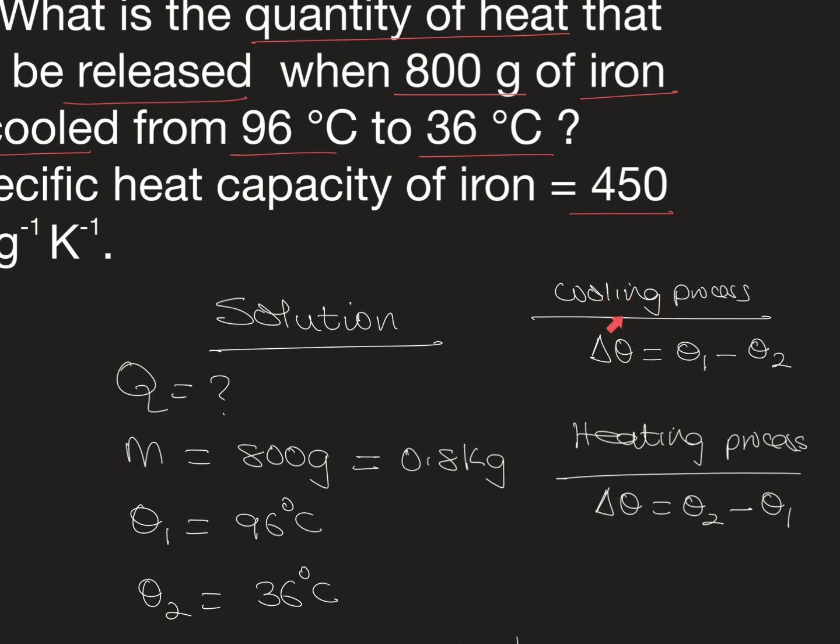Like in a cooling process, the initial temperature is higher than the final temperature, so it will be theta 1 minus theta 2. In a heating process, because the object is acquiring heat, we expect it to have a higher final temperature than the initial temperature. So in that case, the change in temperature will be theta 2 minus theta 1. That is final temperature minus the initial temperature. I hope that point is clear.